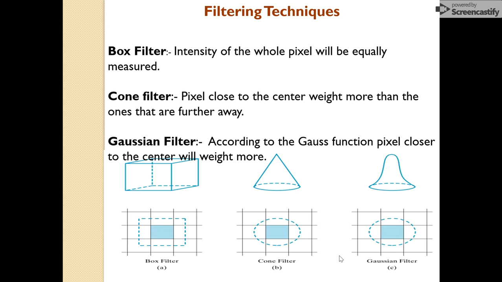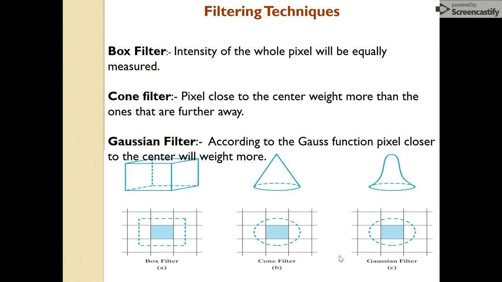Coming to the cone filter, the pixel close to the center has more weight than the ones that are further away. The filter is used in weighted area sampling. So this is how the cone filter works.